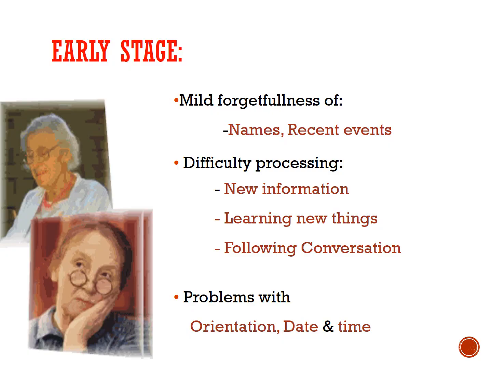Moving on to the clinical features of Alzheimer's disease. In the earlier stages, the patient may have mild forgetfulness, mainly about names as well as recent events, and they feel difficulty in processing new information, learning new things, and following certain conversations, and also they have problems with orientation in date and time.